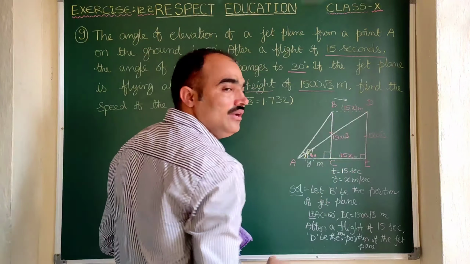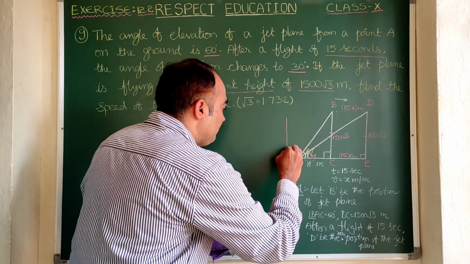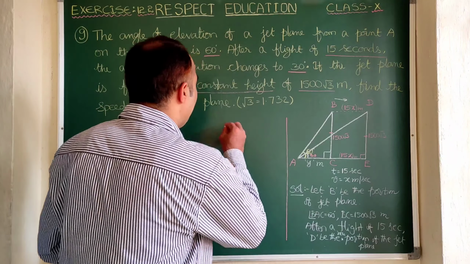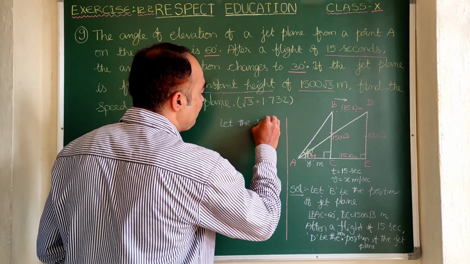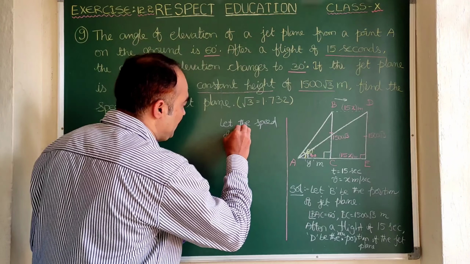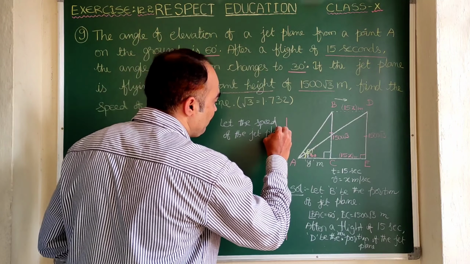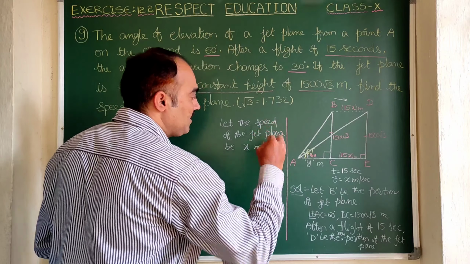Now we are asked to find the constant speed. Let the speed of the jet plane be x meters per second.